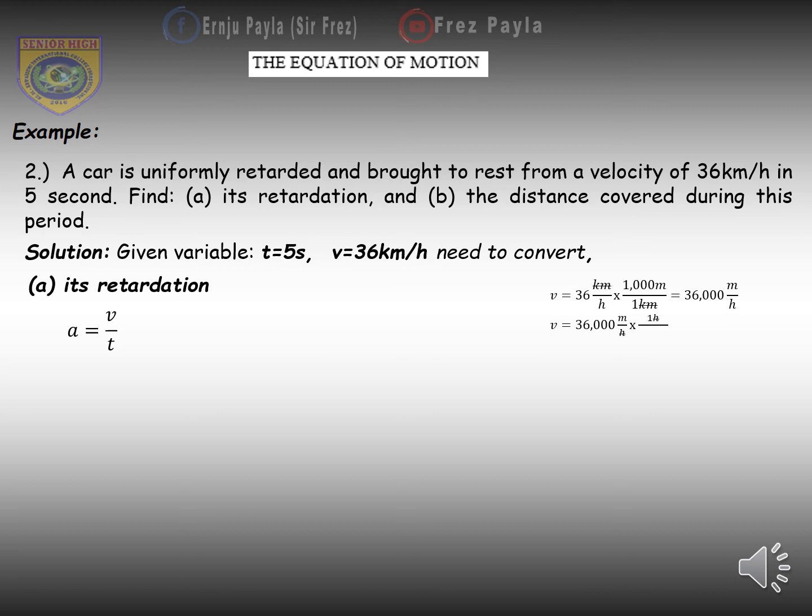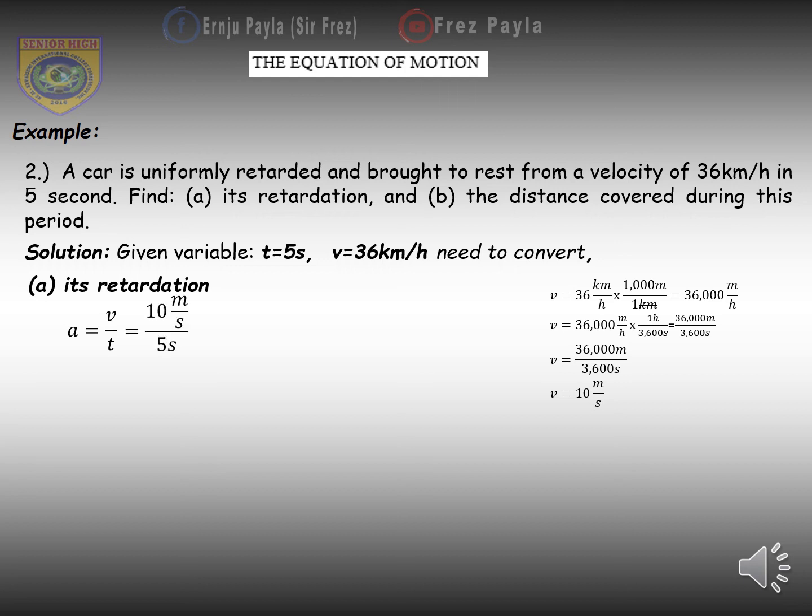Then we convert the hour: 36,000 meter per hour times 1 hour over 3,600 seconds. So we divide 36,000 meter by 3,600 seconds, and the result is a velocity of 10 meter per second.